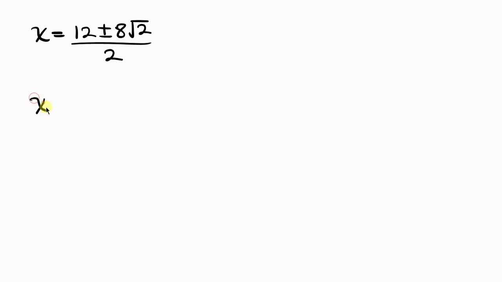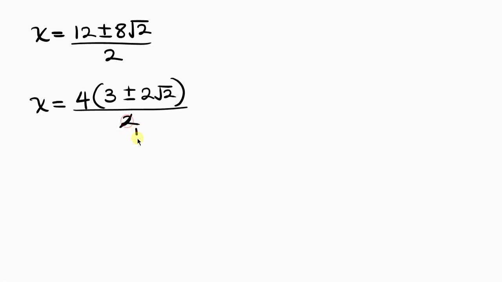So we have x to be equal to factor out 4, so that we have 12 divided by 4 gives 3 plus or minus 8 root 2 divided by 4, that's 2 root 2, all over 2. So 2 here 1 and 2 here gives 2. Now this results to x to be equal to 2 times 3 plus or minus 2 root 2.